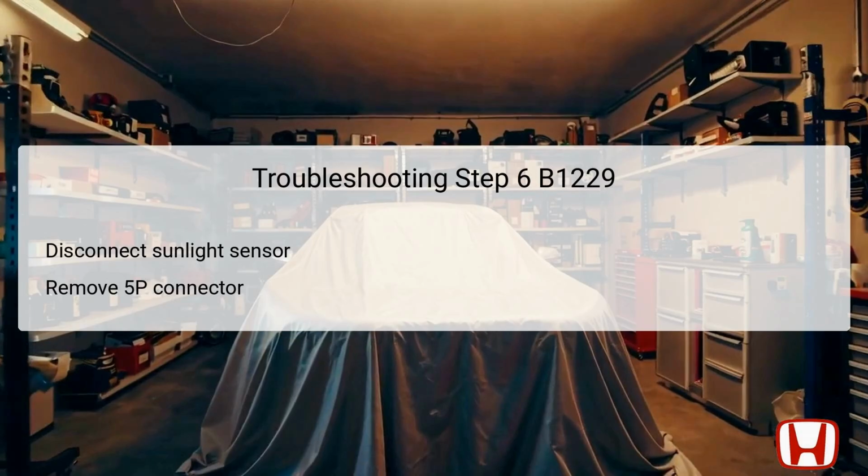Disconnecting it allows for a direct assessment of the sunlight sensor's condition and helps in diagnosing potential faults in the circuit. When disconnecting the connector, care must be taken to avoid damaging any pins or connections to ensure that they remain intact for future reconnection.